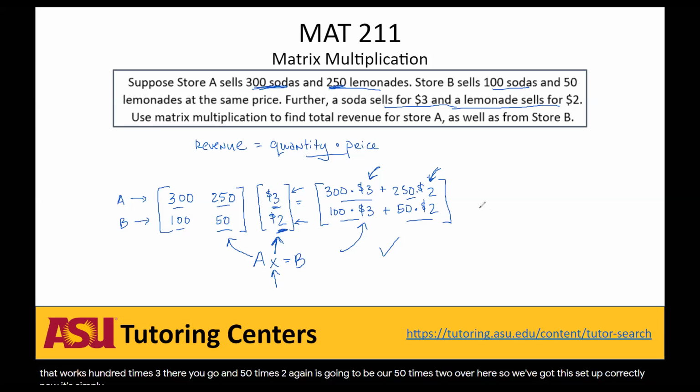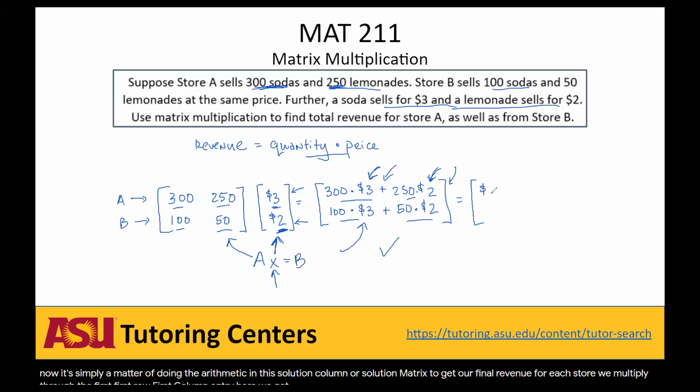Now it's simply a matter of doing the arithmetic in this solution matrix to get our final revenue for each store. So if we multiply through the first row, first column entry here, we get 1,400. And the same is actually true if we multiply through our, well, actually, no, excuse me, the same is not true. We only get 400 for the second store.